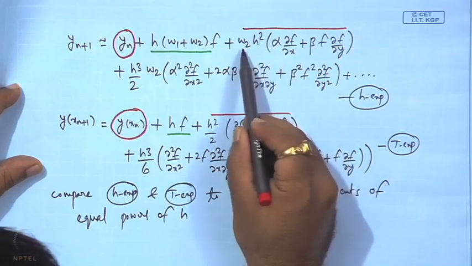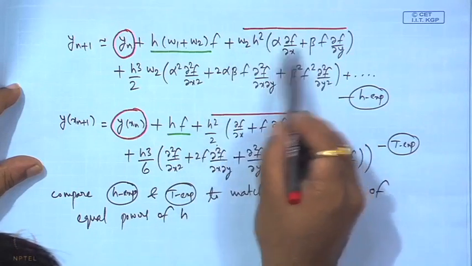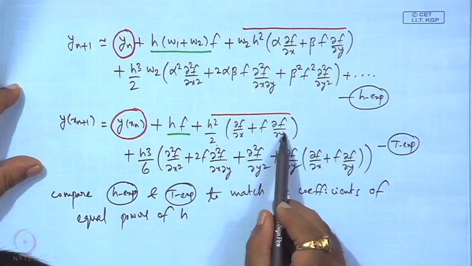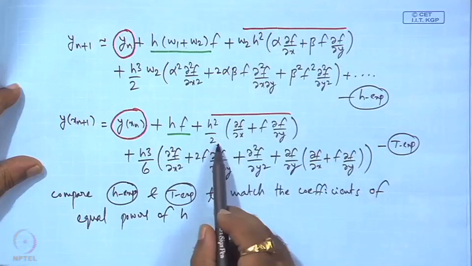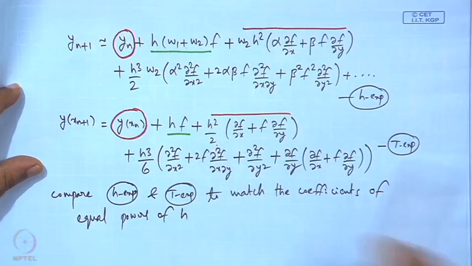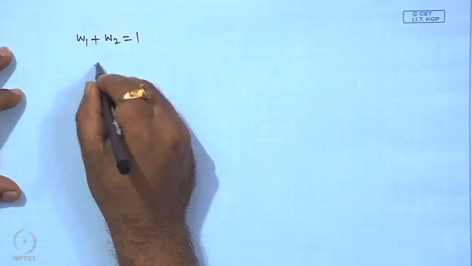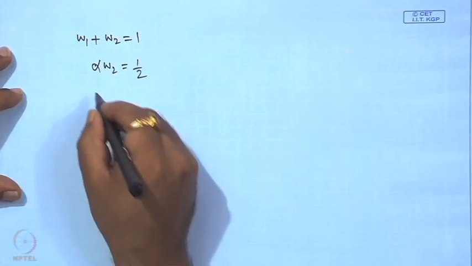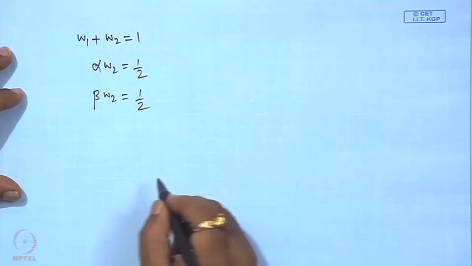So, therefore, alpha w 2 must be half there, and here beta w 2 is sitting for f dou f by dou y, and there is another half sitting for f dou f by dou y. Therefore, beta w 2 must be half there. Okay. So, we get this is one equation, then alpha w 2 is half, beta w 2 is half.